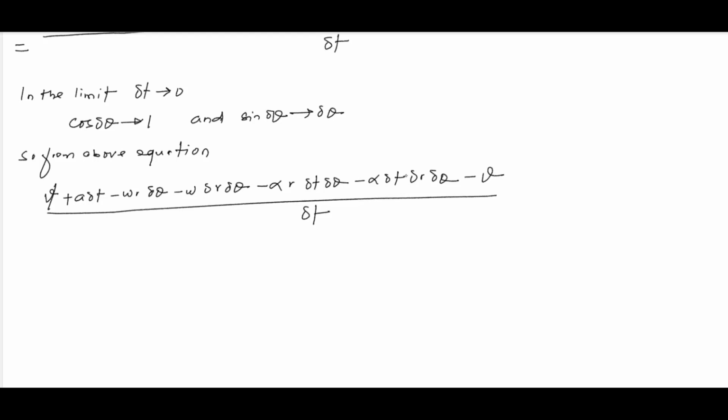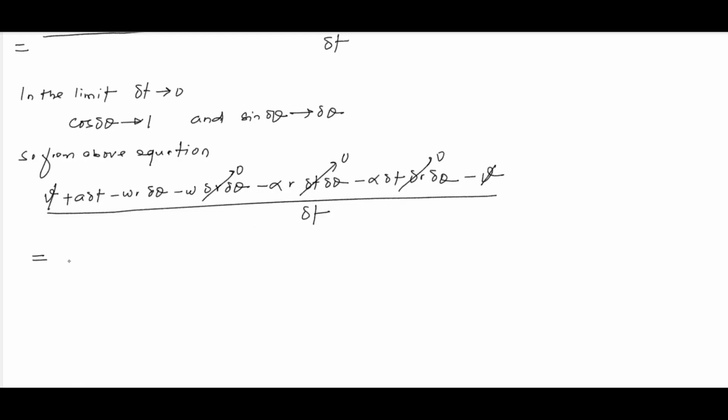Now this v get cancel out. Omega del r del theta is 0, being very small. Alpha r del t del theta, this tends to 0, and this also tends to 0.